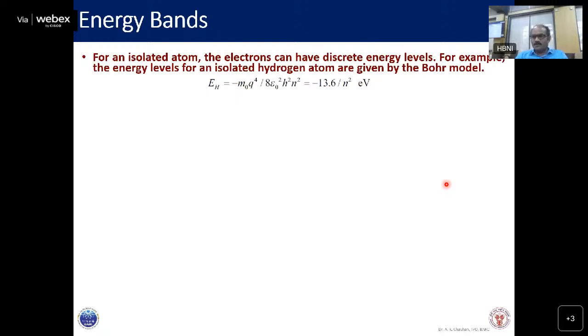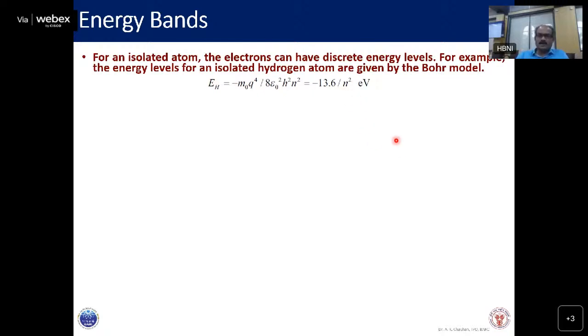For example, the energy levels for an isolated hydrogen atom are given by the Bohr model. The energy level E_H is given by m0 q^4 divided by 8 epsilon naught squared h squared n squared. If you solve all these things, it comes to 13.6 divided by n squared. So the first energy level will be 13.6 divided by 1, the second will be divided by 4, and so on.